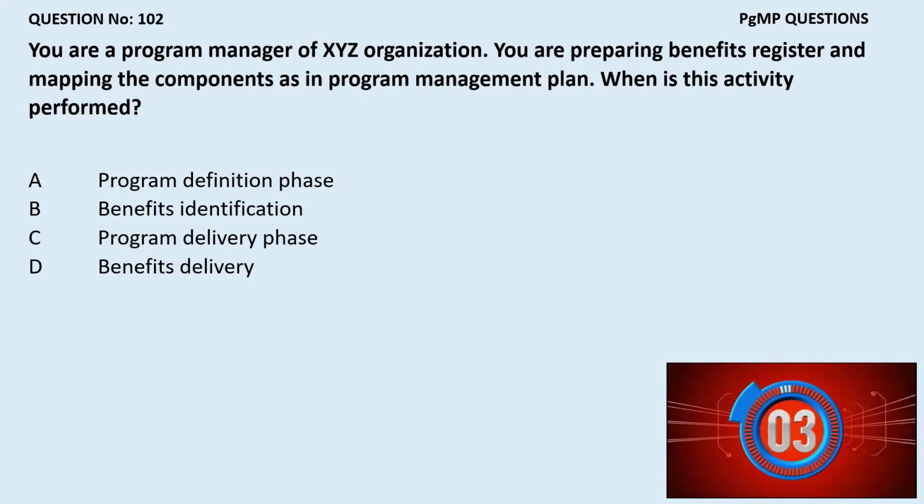You are preparing a benefit register and mapping the components as defined in the program management plan. This is point number 5 in your benefit register. So you are doing this in the program definition phase, not in the delivery phase. A is the correct answer.